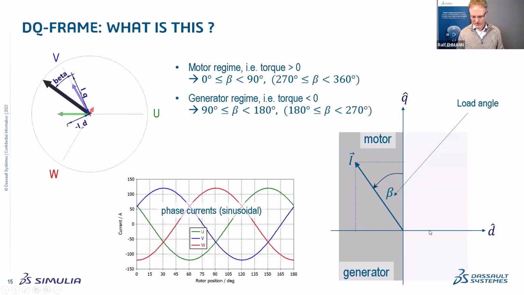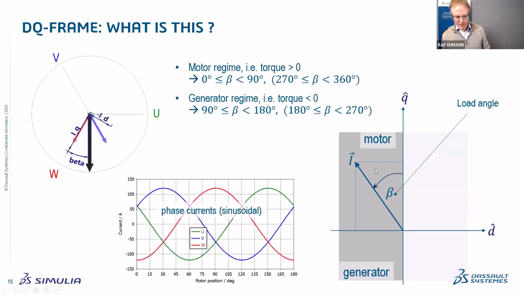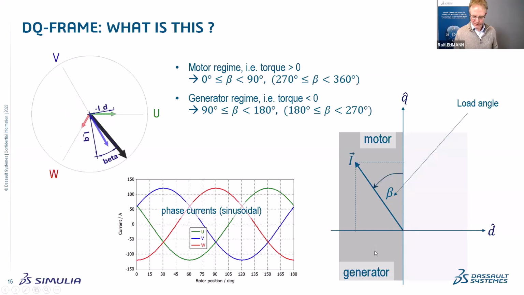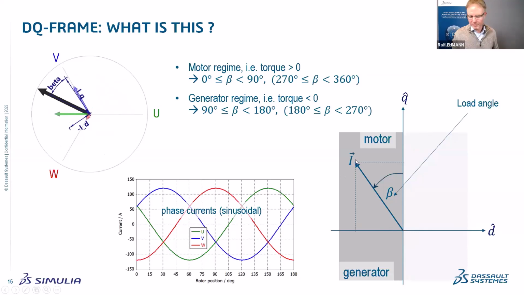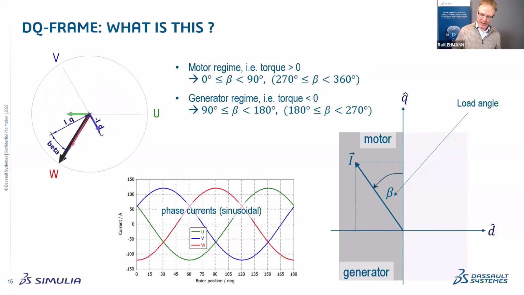You see here on the right side, you have a motor and a generator regime. In the motor regime, you have positive torque. In the generator regime, you have negative torque. And at D, with pure D current, you don't have an average torque. Having this in mind, that you want to find your reference in such a way, then you have a proper definition of your load angle.